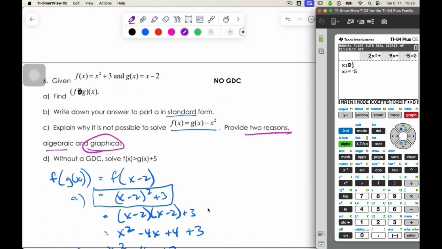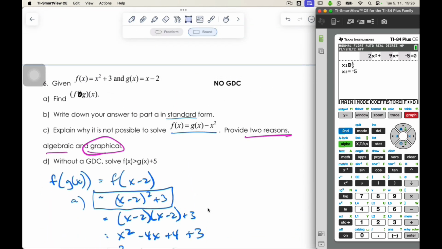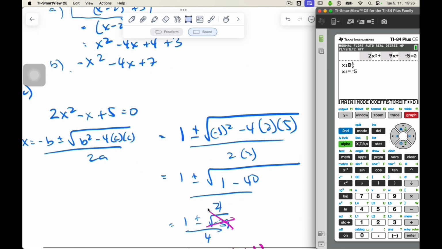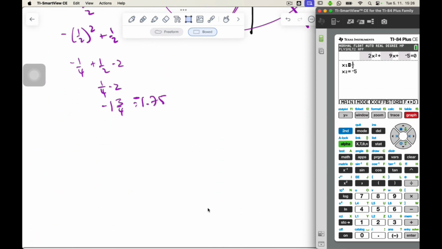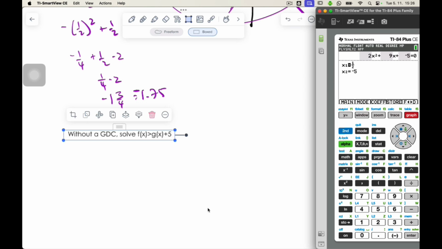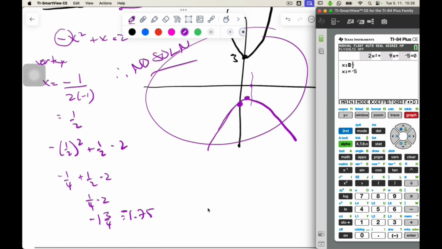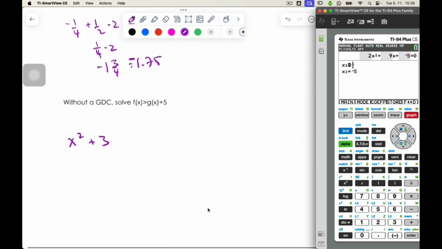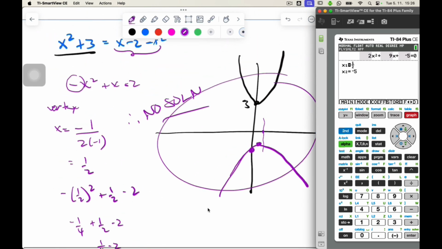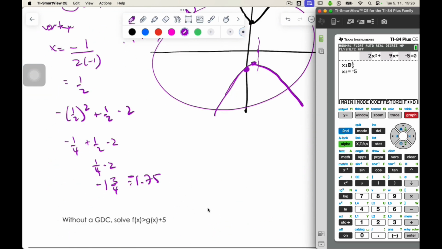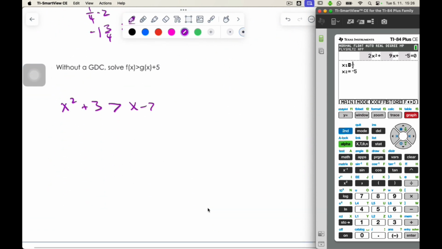And finally, it says to solve this particular scenario without a GDC. So if I paste that, I can remember that f of x is x squared plus 3 and bigger than x minus 2 plus 5.